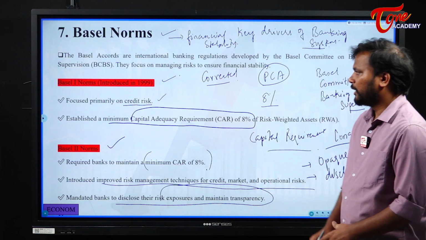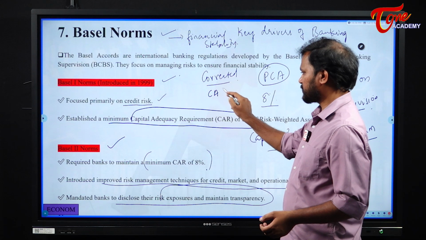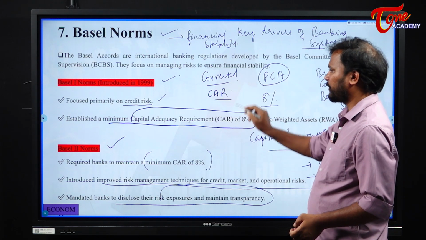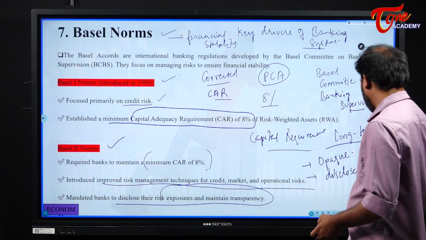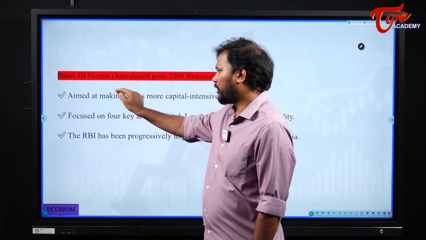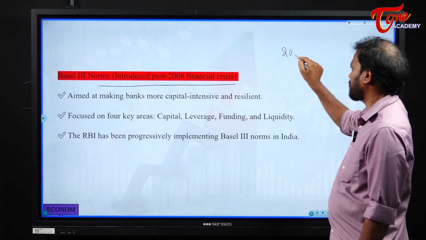Clear? So, here the areas of question can be the capital adequacy requirement. Next, what is the main aim of the Basel norms, etc. Clear? Next, Basel 3 norms. Basel 3 norms came because of the 2008 financial crisis.